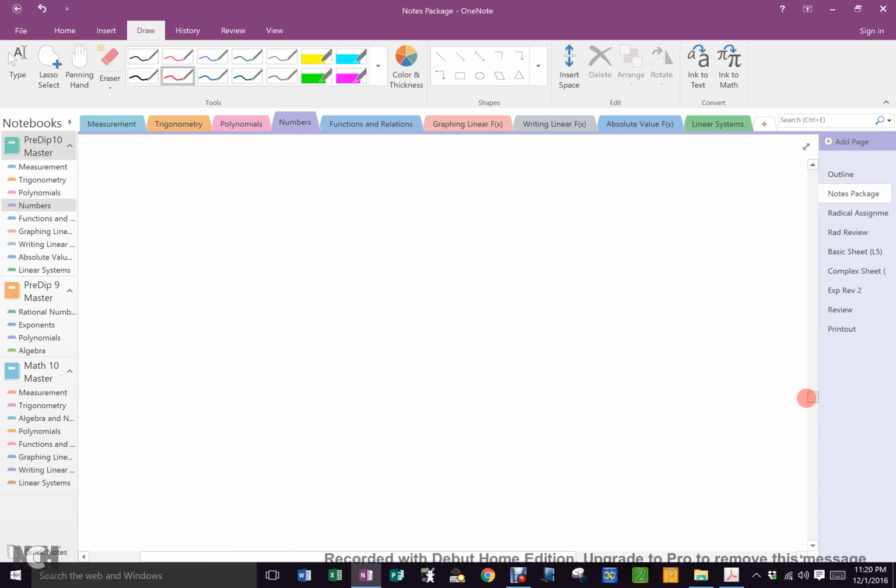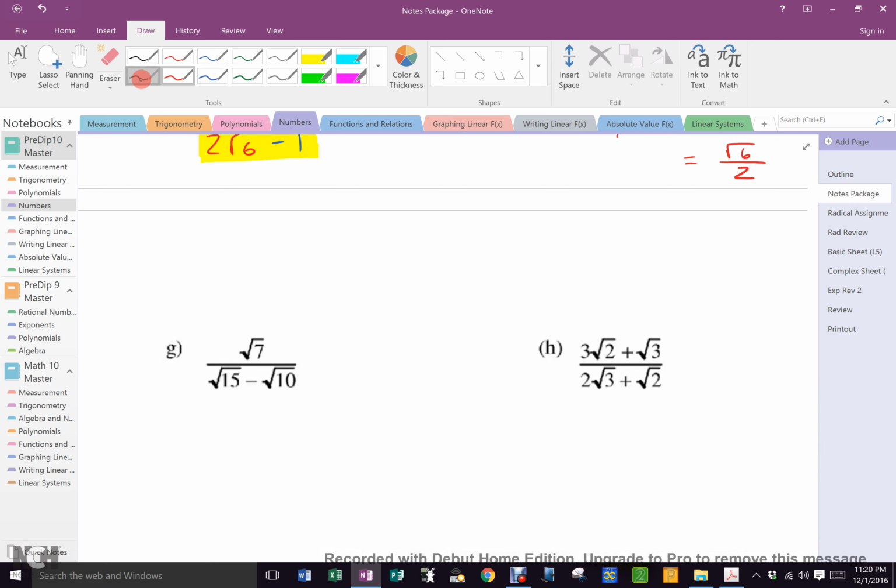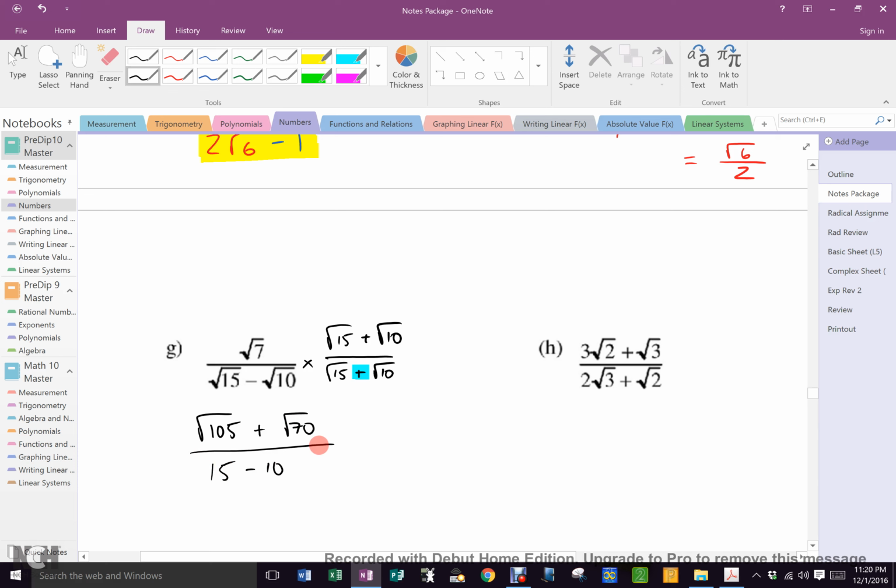And then I got just 2 more to do. Now, this one, I got to get rid of these radicals, so I got to multiply by root 15 plus root 10. Because remember, I want the middle term to drop out. Same thing up top. So that's going to get me root 7 times 15 is root 105 plus root 70 over 15 minus 10.